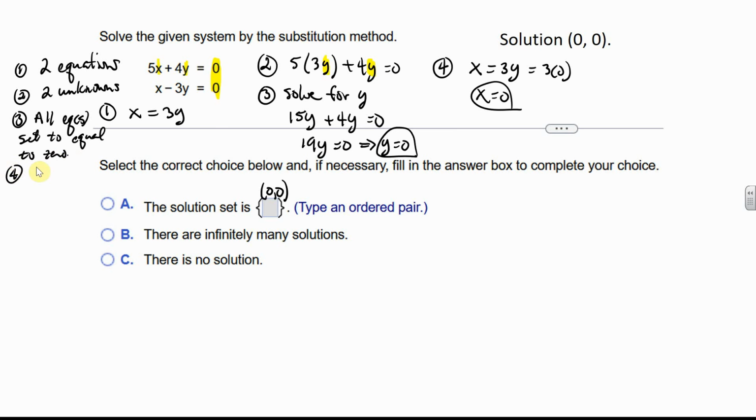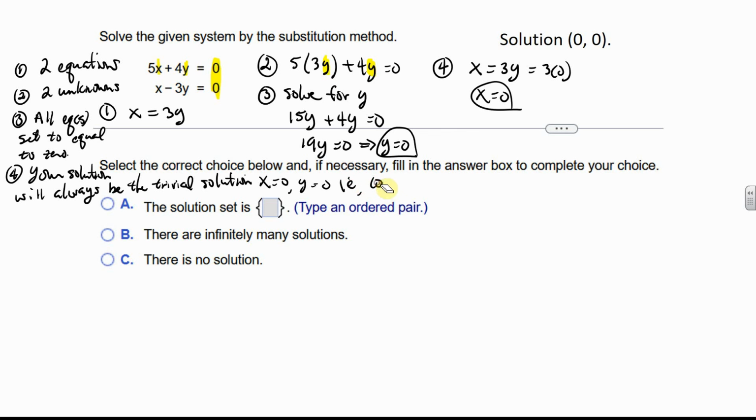Number 4, your solution will always be the trivial solution. Here, x equal to 0, y equal to 0.